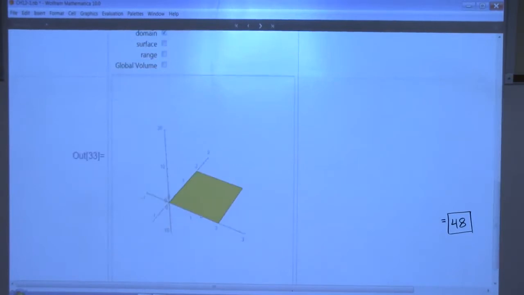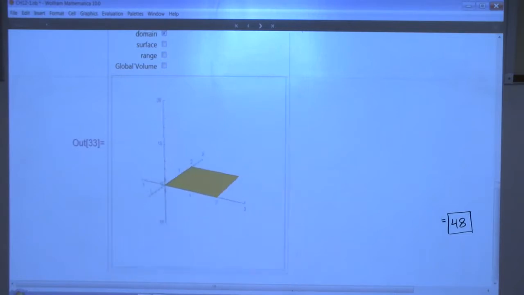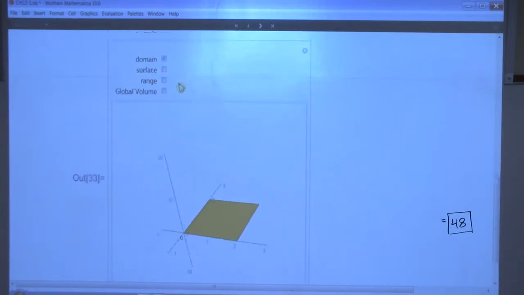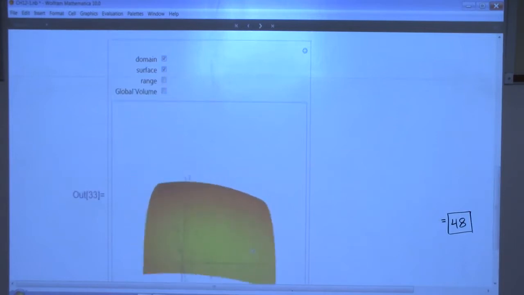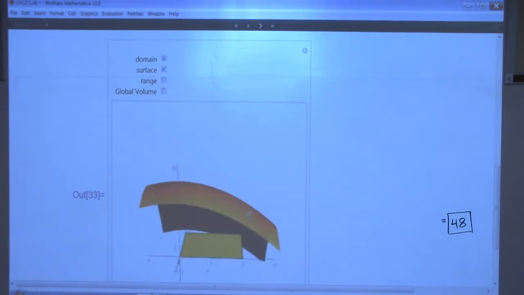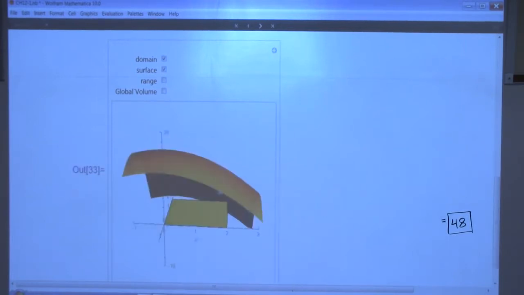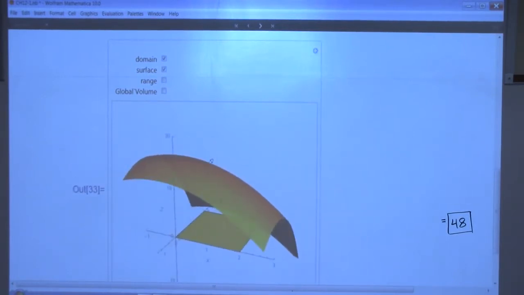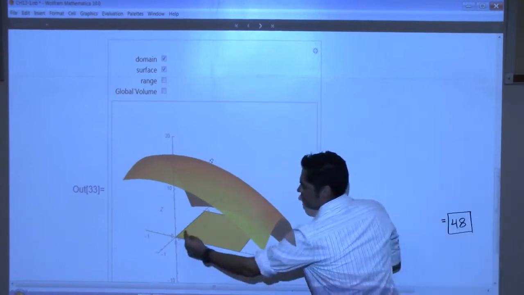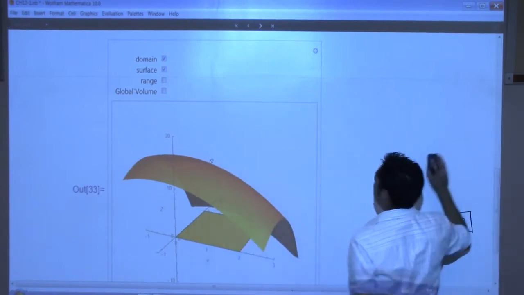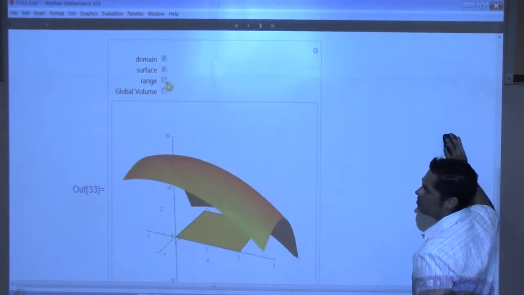Here's the domain that lives on the ground, that's our 0, 2, 0, 2. Here's the actual surface itself. I just graphed some of it. That's not the whole thing. If we just take the edges of this and plug it in, this will give you some idea of where it's going to map to.